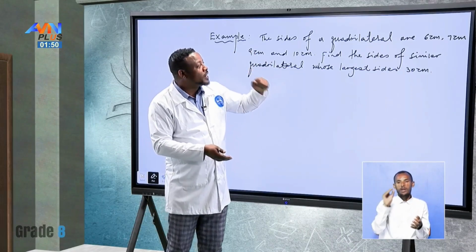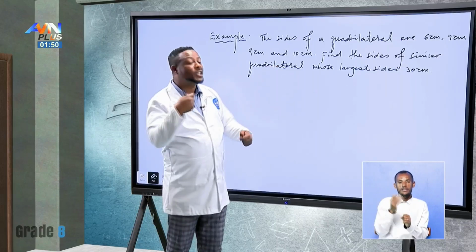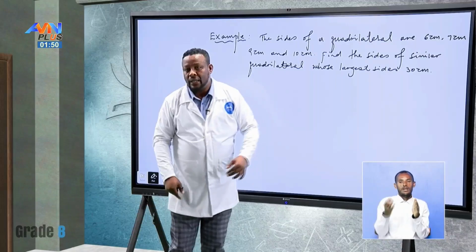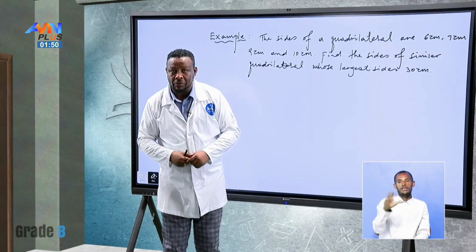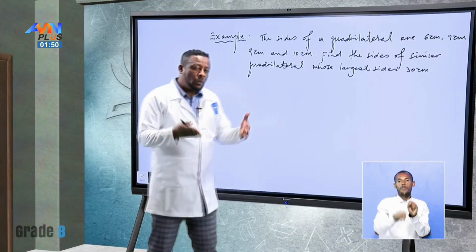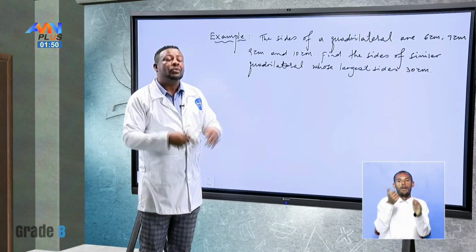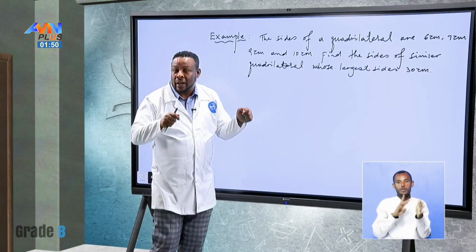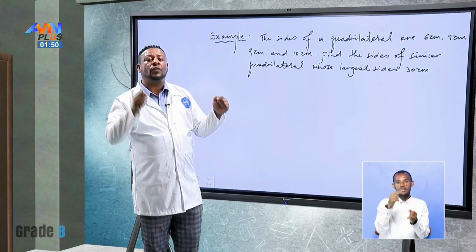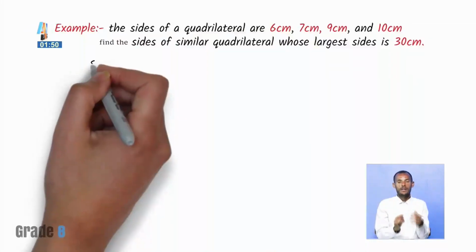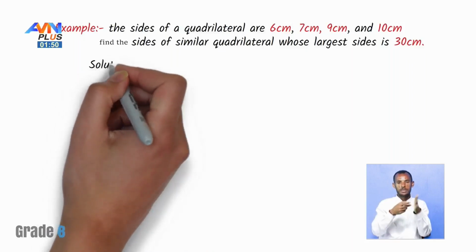And you are asked to find the sides of a similar quadrilateral whose largest side is 30 centimeter, right? So we will follow the procedure that we have seen in the previous example. That means we need to apply one of the conditions of similar plane figures, right? So this is how we do.